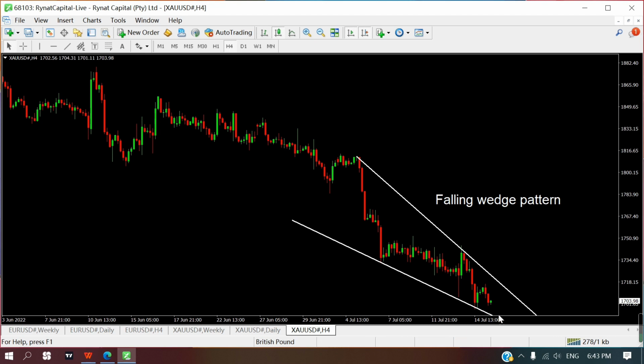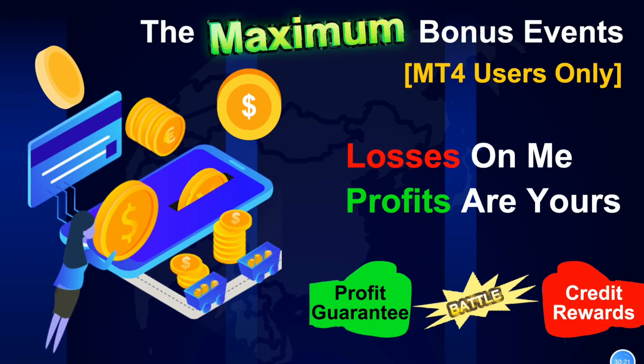In that case, maybe we could short trade it. But if it is supported and continues to go up, then we may trade for a short-term rebound, right? And like I just said, all the chart analysis today are my personal opinions, not 100%, and not trading advice either. So please manage the risk yourself.